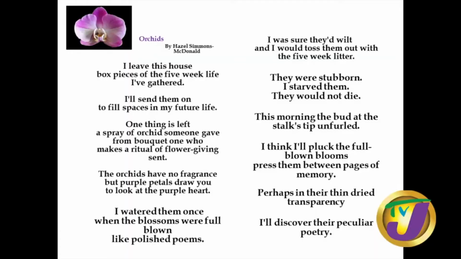Like polished poems, I was sure they'd wilt, and I would toss them out with the 5-week litter. They were stubborn. I starved them. They would not die. This morning, the bud at the stalk's tip unfurled. I think I'll pluck the full-blown blossoms, press them between pages of memory. Perhaps in their thin, dried transparency, I'll discover their particular poetry.